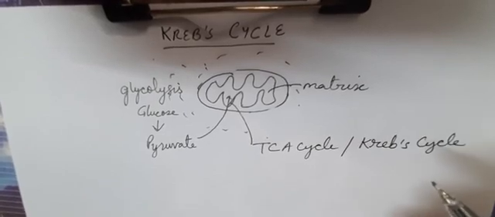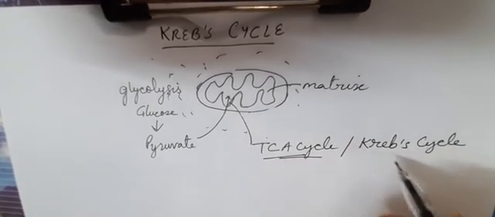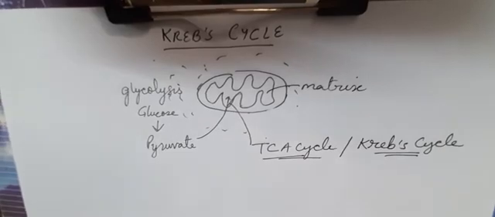So today we will be studying the TCA cycle or Krebs cycle. So first of all, the pyruvate or pyruvic acid, which was a 3 carbon compound, we got 2 molecules here with 1 molecule of glucose.